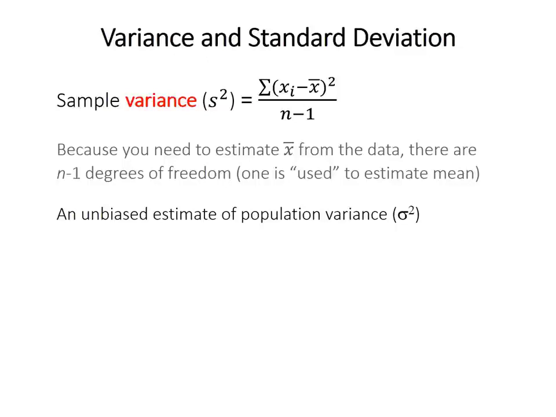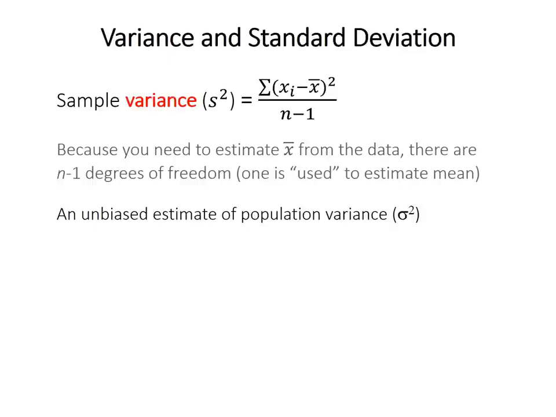Because we're using the sum of squares, variance is measured in the original units squared. So if we're measuring the grain size of sand grains, our variance will be in millimeters squared, for example. That's kind of an awkward unit to use.